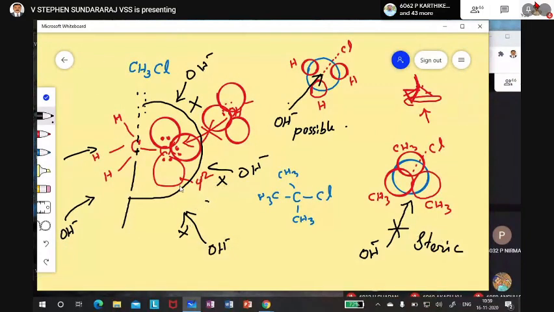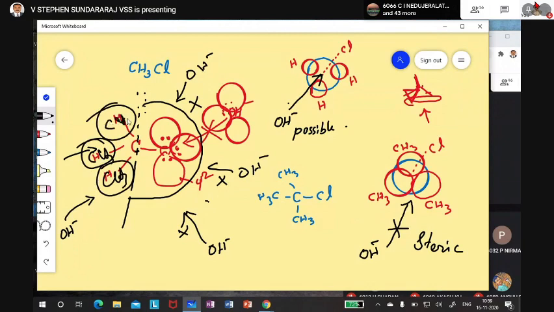But on the 180-degree side it cannot attack because all of them are bigger groups: CH3, CH3, CH3. So this attack also is not possible. The reason is the steric factor. What does steric mean? Bulky groups are crowding in a place. That is called the steric factor.